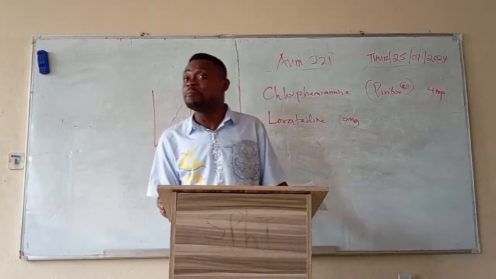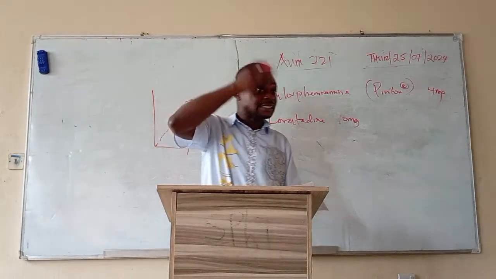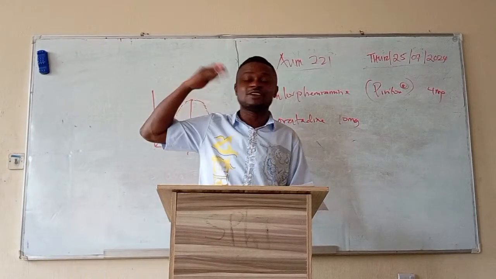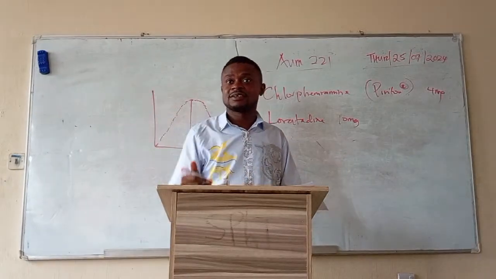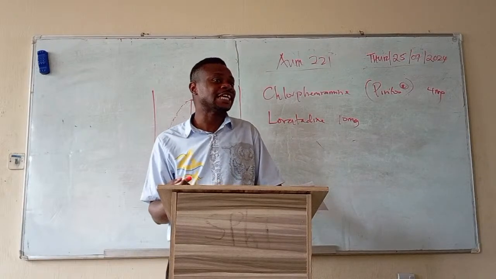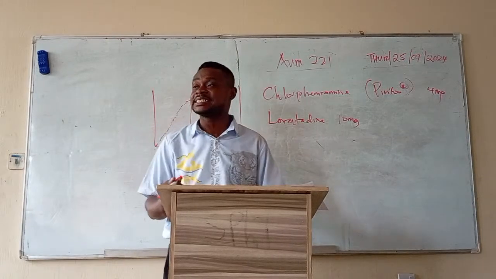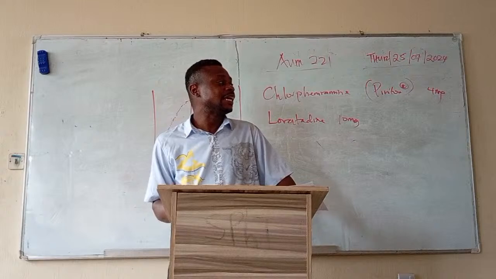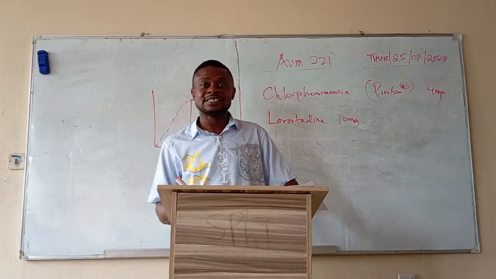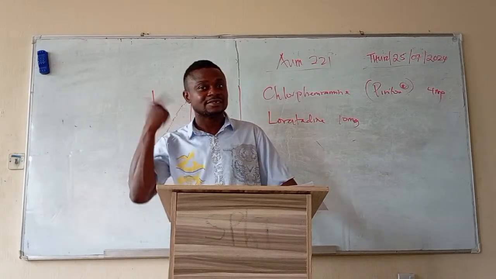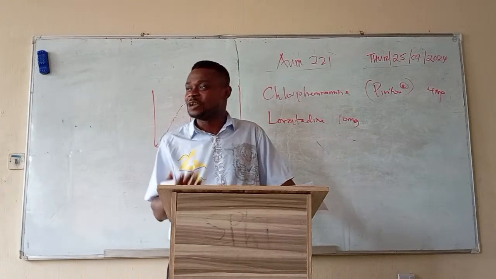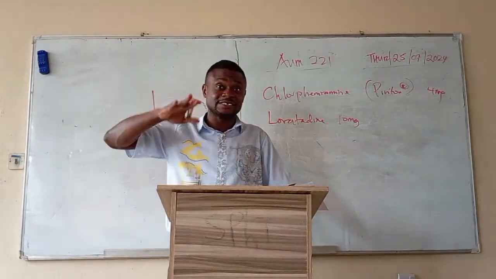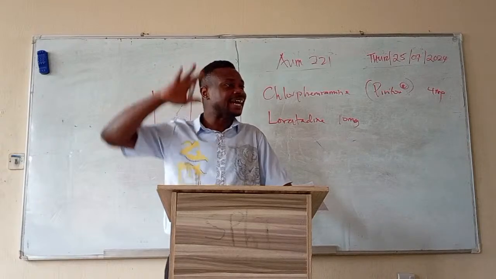So even the central nervous system, the brain, mental function, will also go down. If care is not taken, if you don't understand what is happening, you start saying that the grandma is running mad. No, things are changing. Everything is going down.